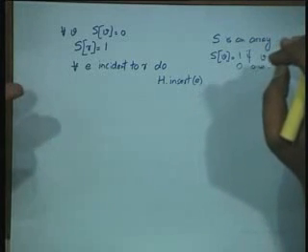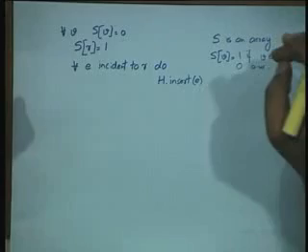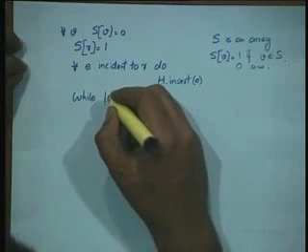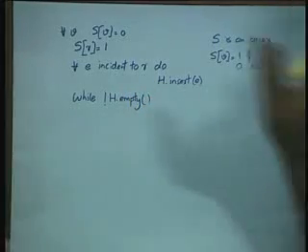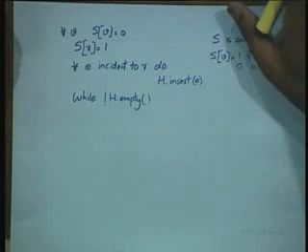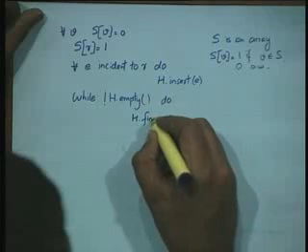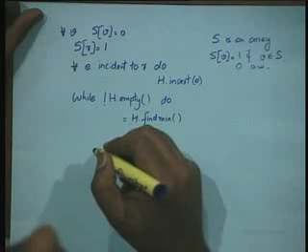Now what do I have to do? First we will take out the minimum, then run the loop. How long do we have to run the loop? While not, I would say not h dot empty, right? When all of them have come in, the heap should become empty. Do. Now what should I do? I should find the minimum edge. H dot find min equals, let's say this is equal to, what will this return?